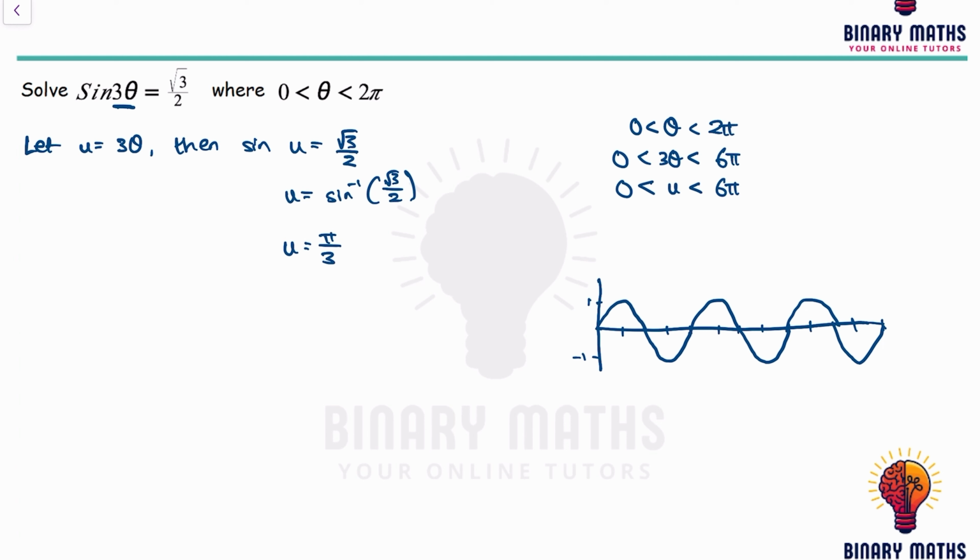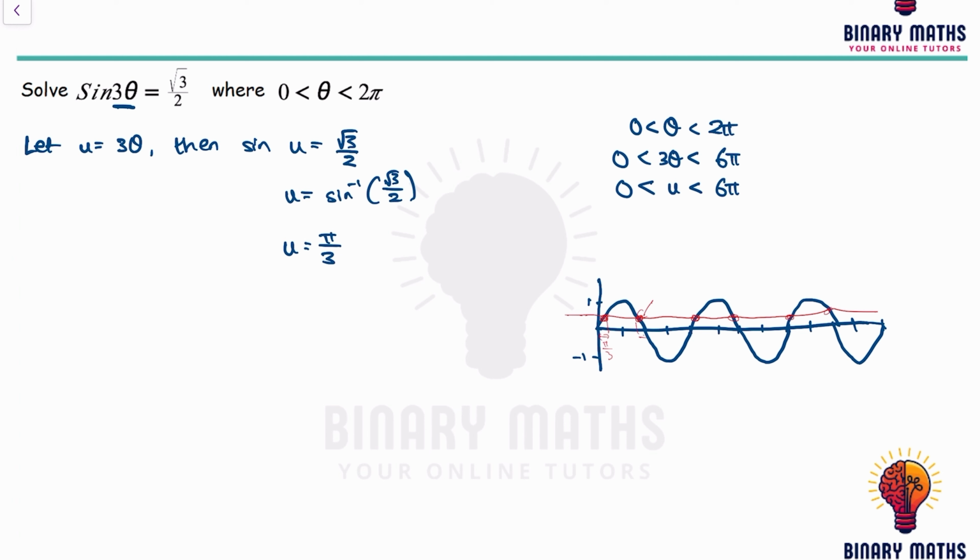So pi over 3 is somewhere here. This is pi over 4. Let's just call this pi over 3. We draw a line, so it hits the curve 6 times. We already got the pi over 3, so we need to find the rest of them.